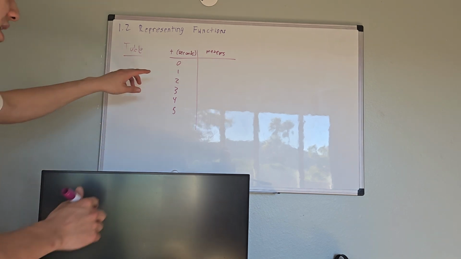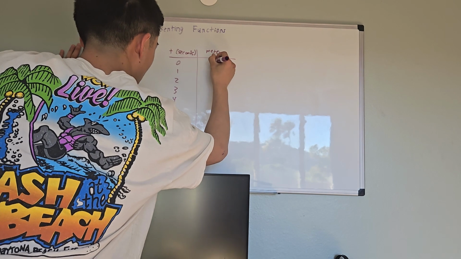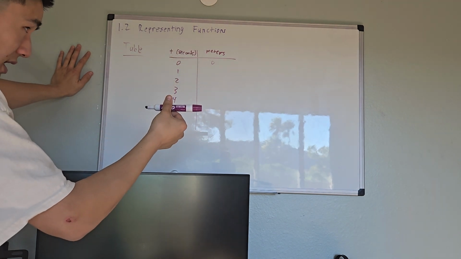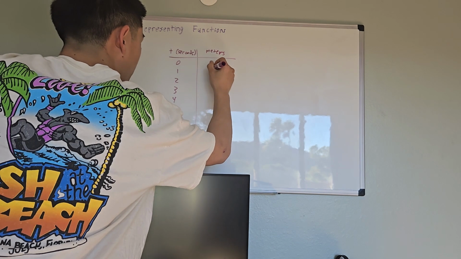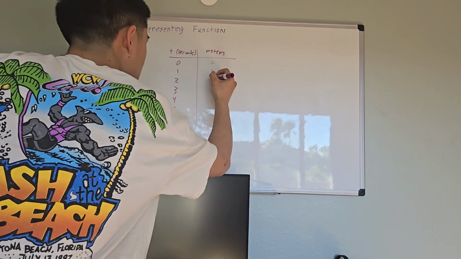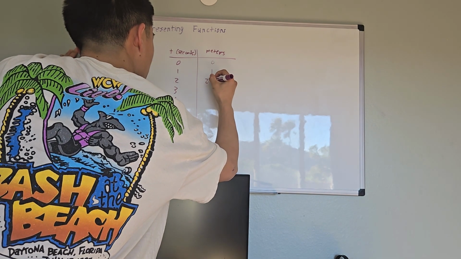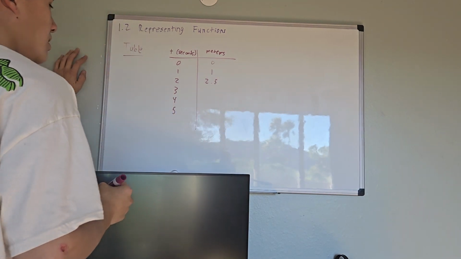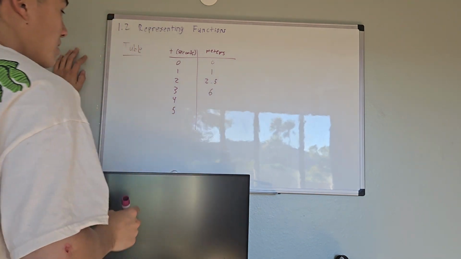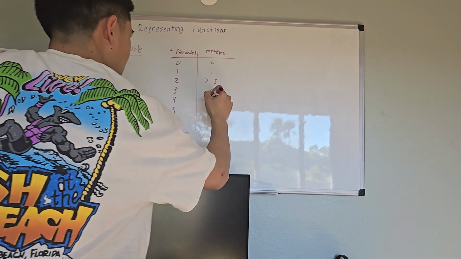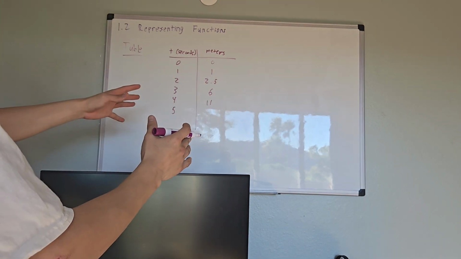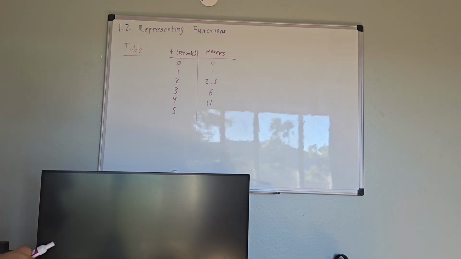So if you said at 0 seconds, your object is at 0 meters, okay? And let's say at 1 second, it falls 1 meter, okay? Now let's say at 2 seconds, it's at 2.5 meters, okay? Now say at 3, it's at 6 meters, okay? And at 4, we'll say it's at 11 meters, all right? You have all these values for all these inputs, okay?